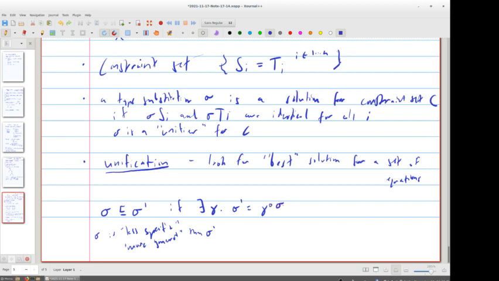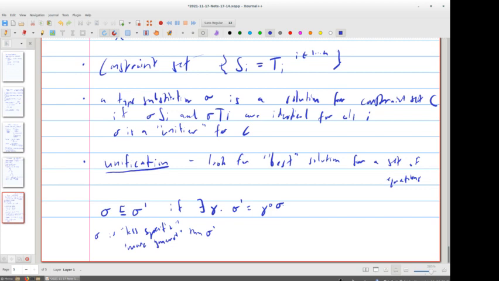So this is composition of substitutions. If you recall, you can think of a substitution as being a function from types to types. So this composition is gamma after sigma. This itself is a substitution that you get by taking the input type and passing it through sigma, and then passing the result of that through gamma. So it's like do sigma first, do that substitution, and then do gamma.